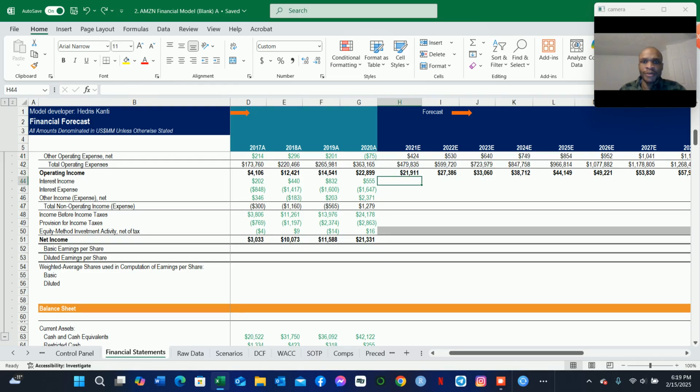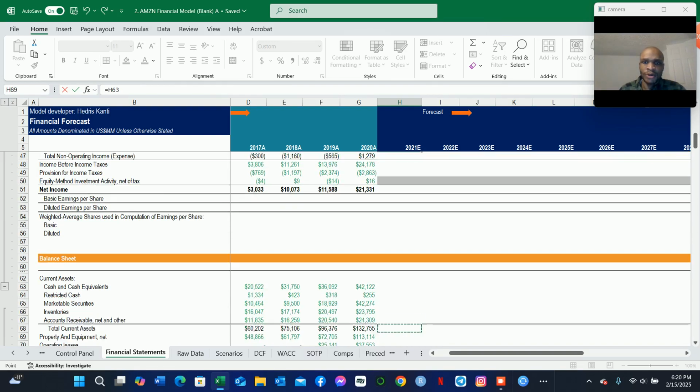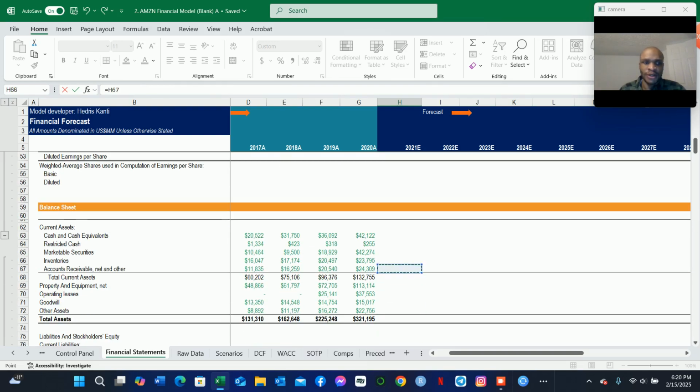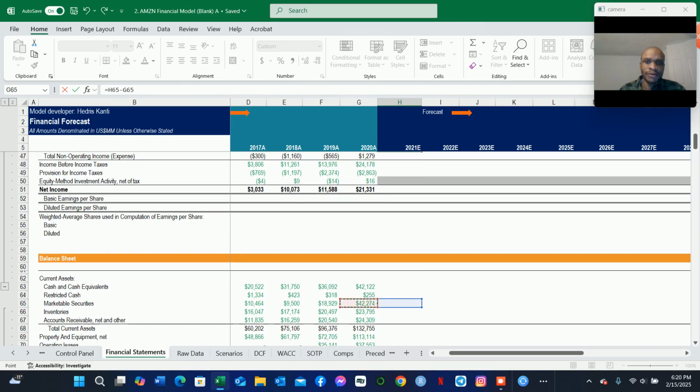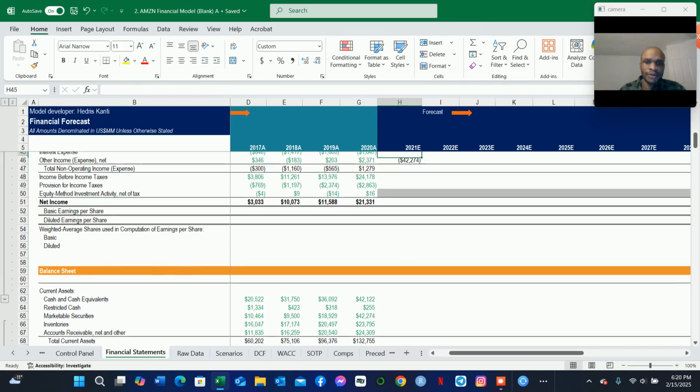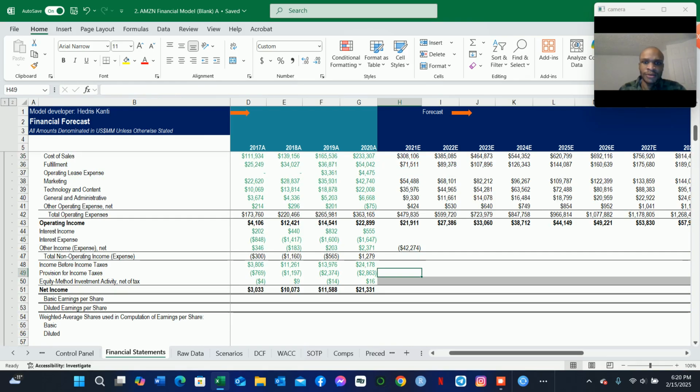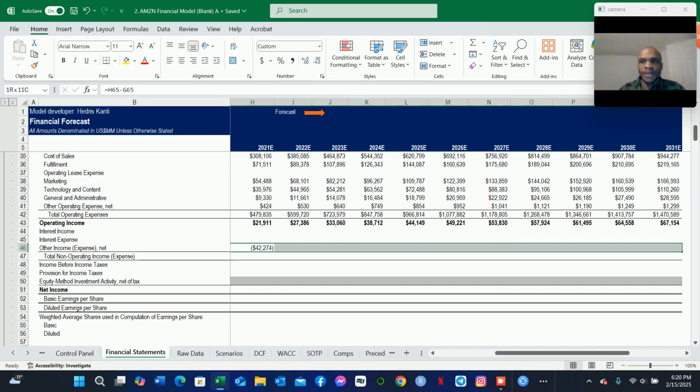Treasury bills, commercial papers, or bankers acceptance are the most common marketable securities. So we're going to take that to be equal to the changes here in the balance sheet, the current period, and then we take out the prior period. We can feed that all the way to the end of the decade.